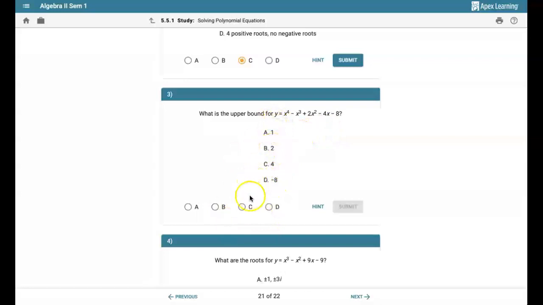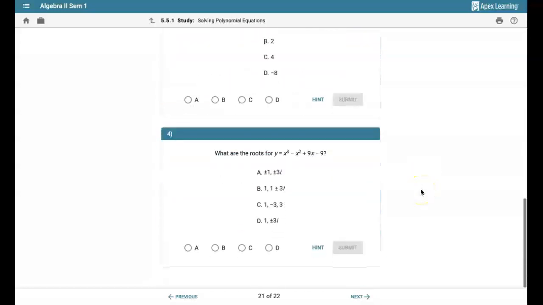So you would immediately think 4, but this would have to be where you actually plug in your values and go through the process of synthetic division and figure out which one of these, when plugged into our synthetic division, is going to have all positive values with no sign changes at the bottom there.